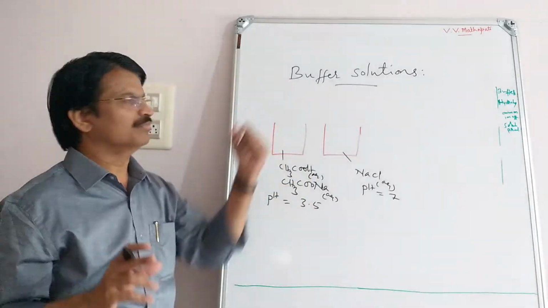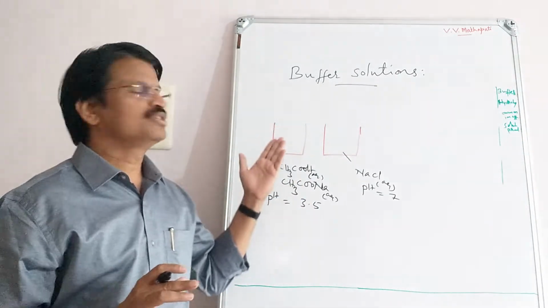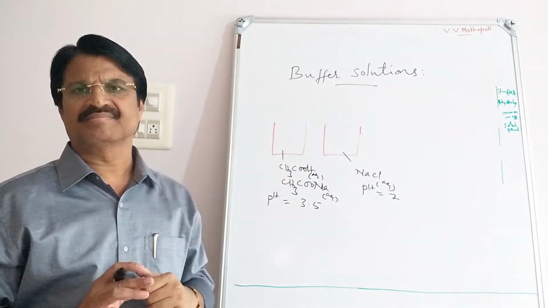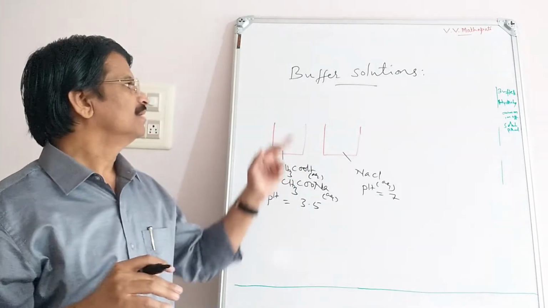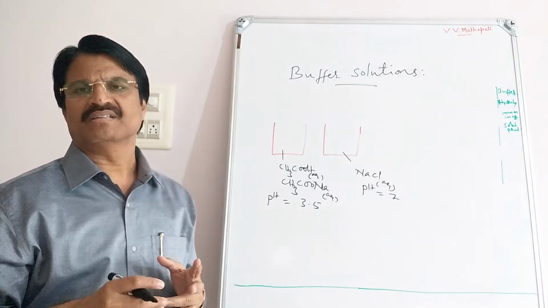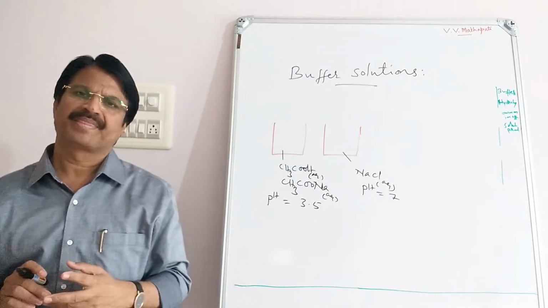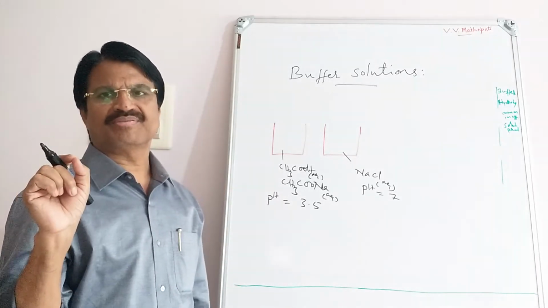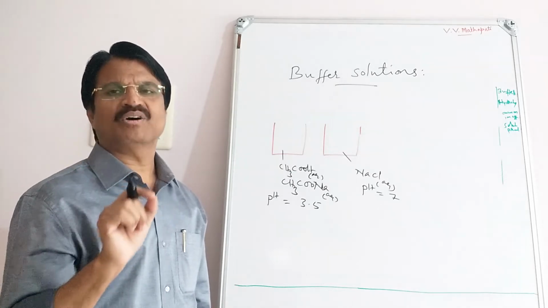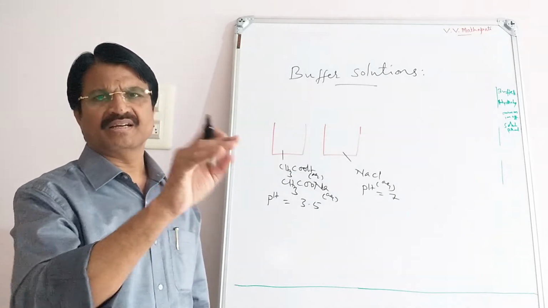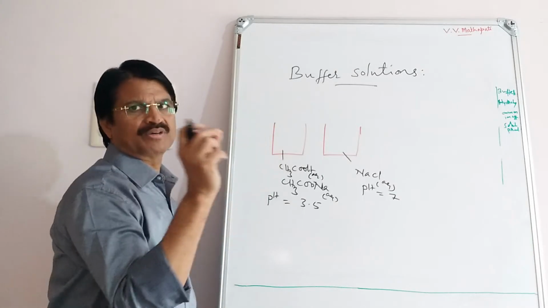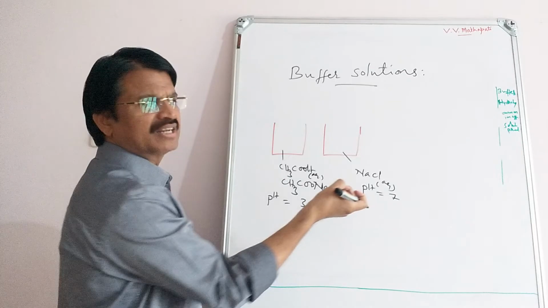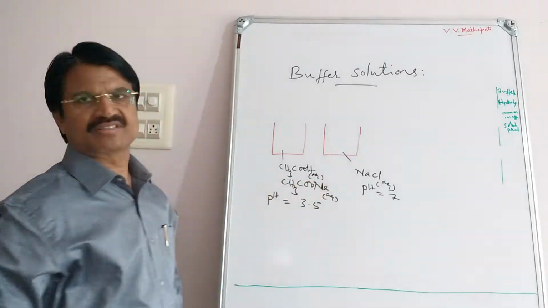According to the definition, a buffer solution is a solution which resists the change in pH value when a small amount of mineral acid or alkali is added. The pH should not change, maybe a fractional change, but no large difference.